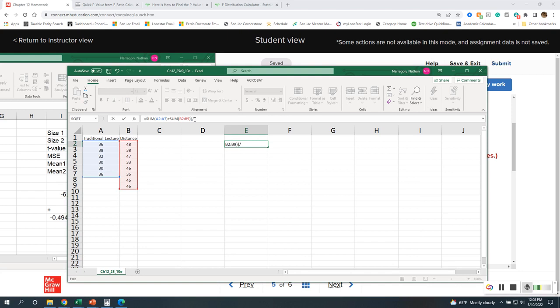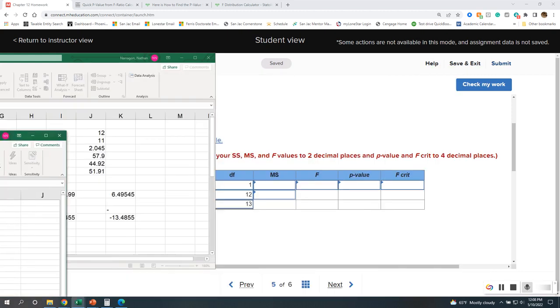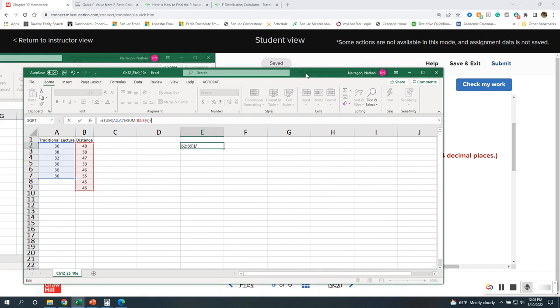So we'll put these in parentheses because of order of operations, and divide it by, again, 14. So our grand mean is 38.5714285.